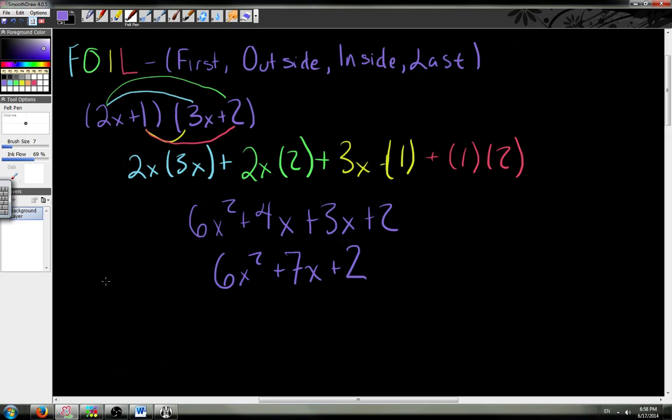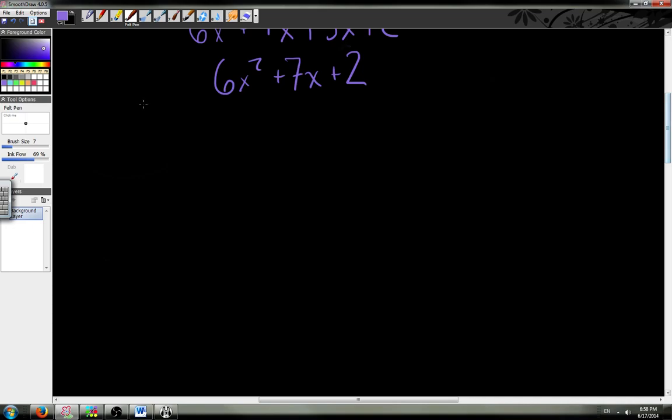When FOIL was introduced to me, it was just introduced as a trick to get the right answer. But there's nothing really tricky about FOIL. It's just the distributive property. So let's think about the distributive property as it's introduced a little bit earlier in our mathematical educations. Let's take this expression here.